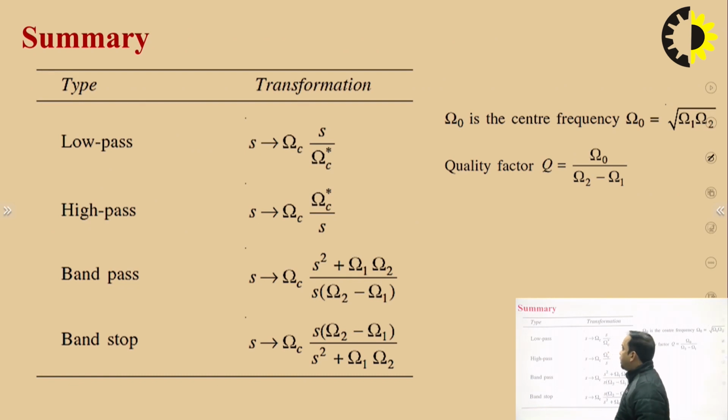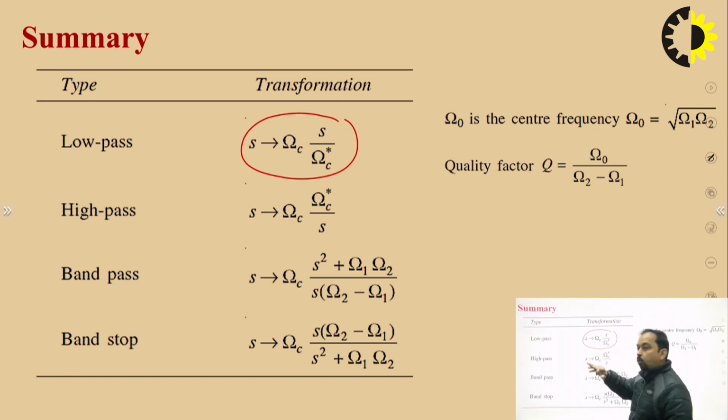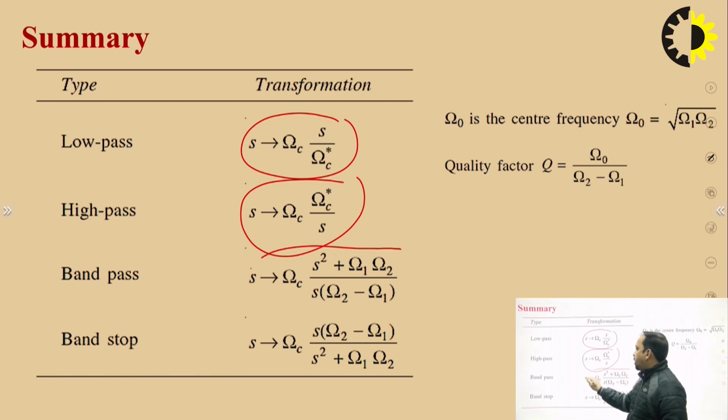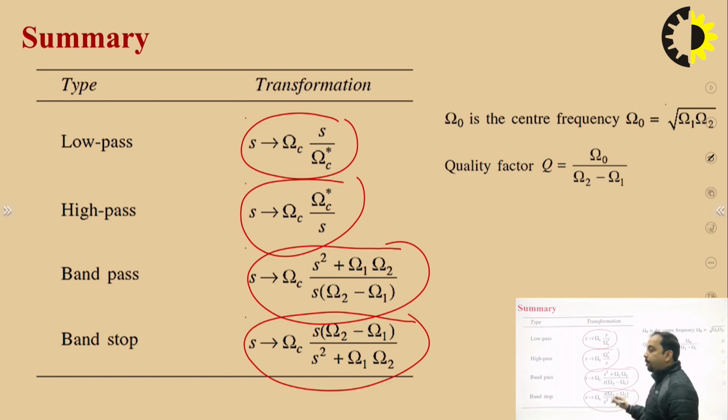So we have these formulas: low pass to a new low pass filter, low pass to a high pass filter, low pass to band pass filter, and low pass to band stop or band reject filters.